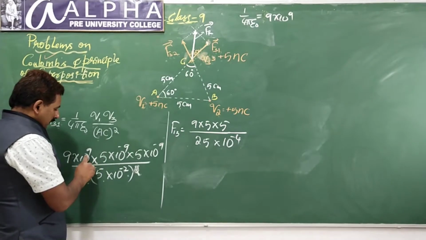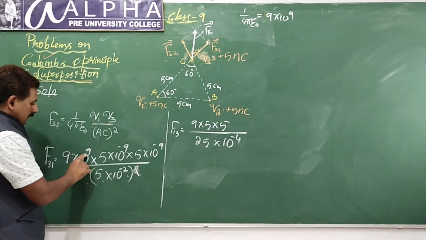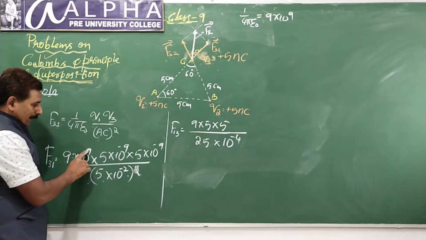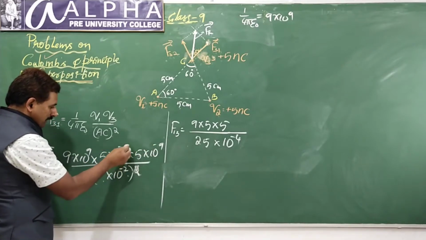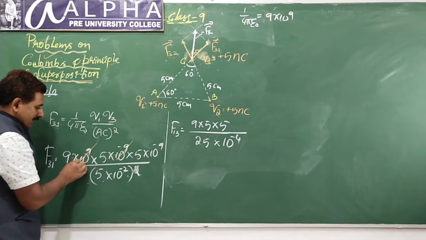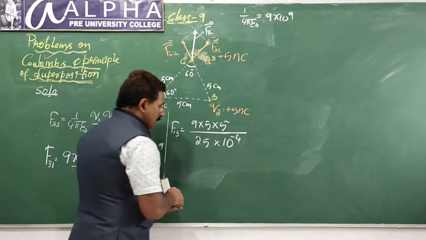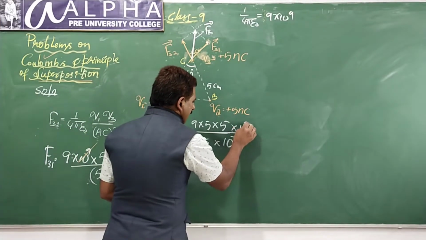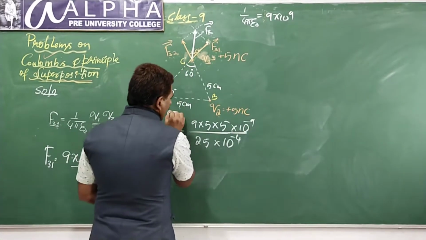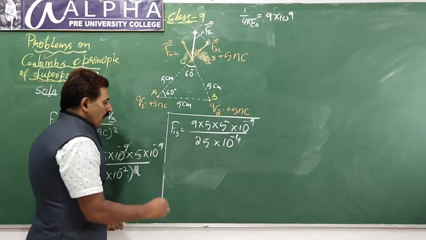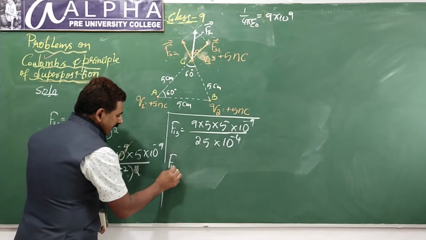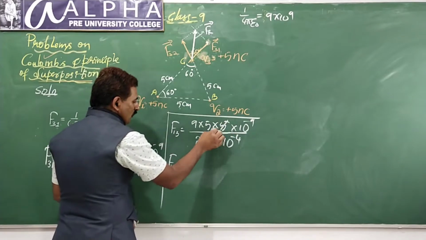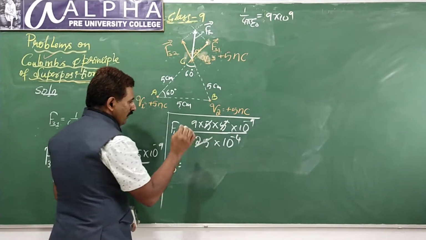Then in the numerator, there are 3 powers of 10: 10 to the power plus 9, minus 9, minus 9. Plus 9 and minus 9 cancel. The remaining 10 to the power minus 9 you have to write here. Okay. Now you just simplify. F13 equals 5 fives are 25.